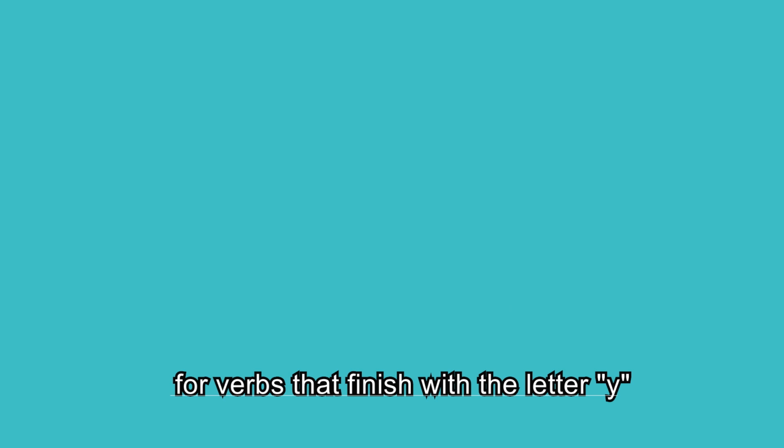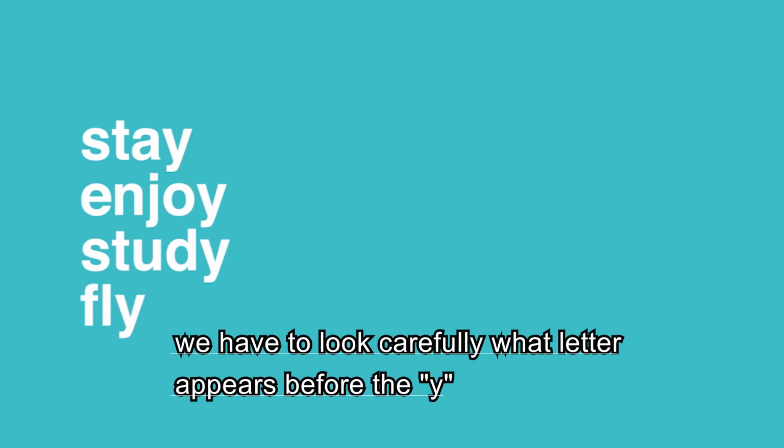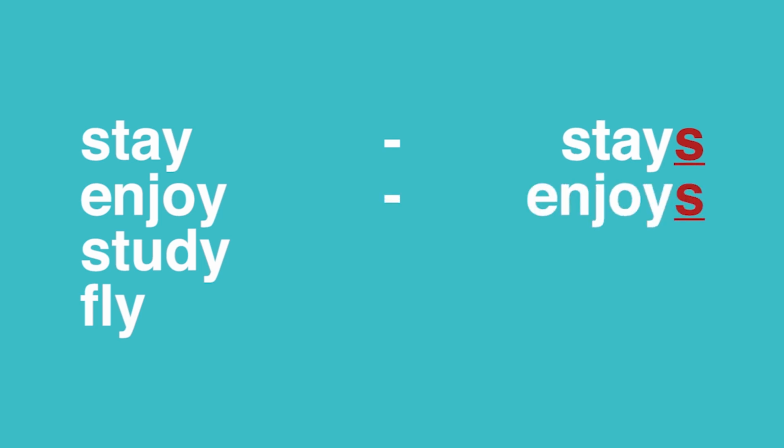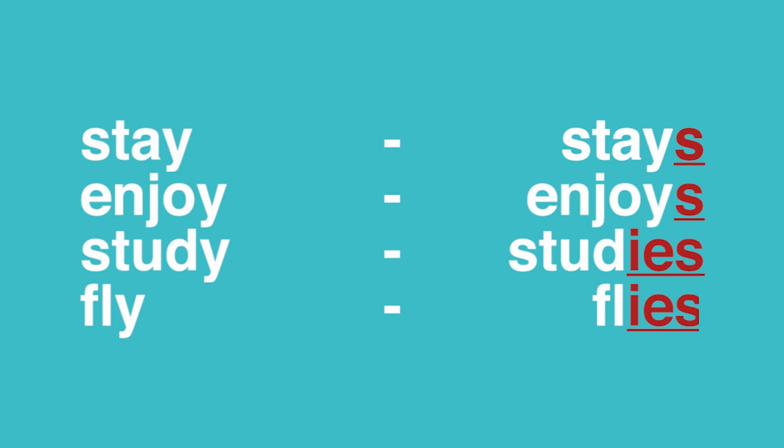For verbs that finish with the letter Y, stay, enjoy, study, fly, we have to look carefully what letter appears before the Y. Stay becomes stays, and enjoy becomes enjoys, but study changes to studies, and fly changes to flies.